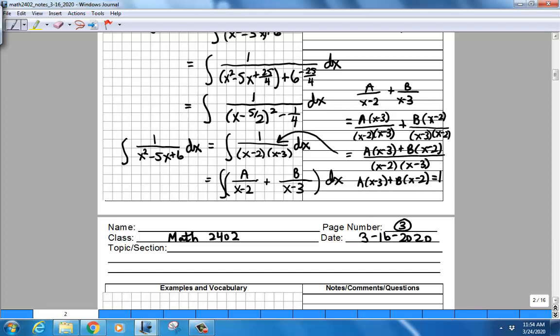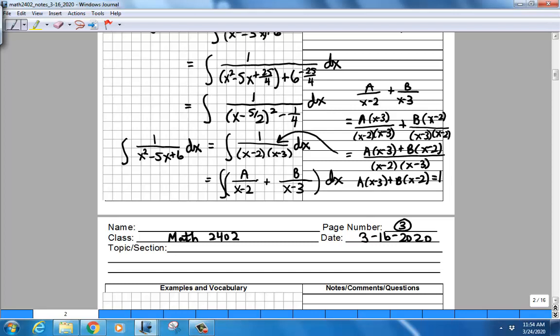Now, that has to be the case: a times x minus 3 plus b times x minus 2 equals 1. That has to be the case no matter what choice for x you make. So no matter what we substitute for x, this left-hand side has to add up to be 1.